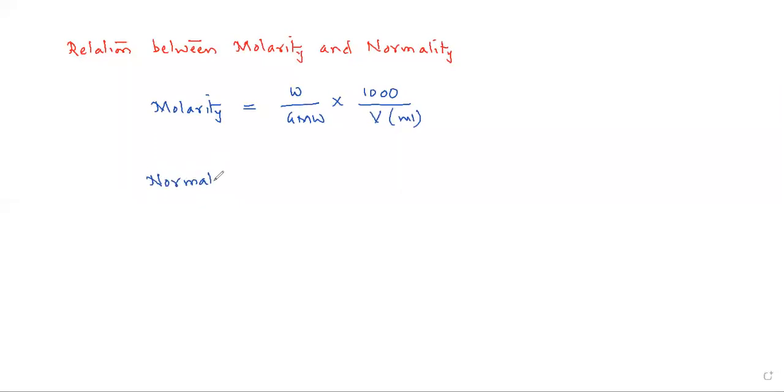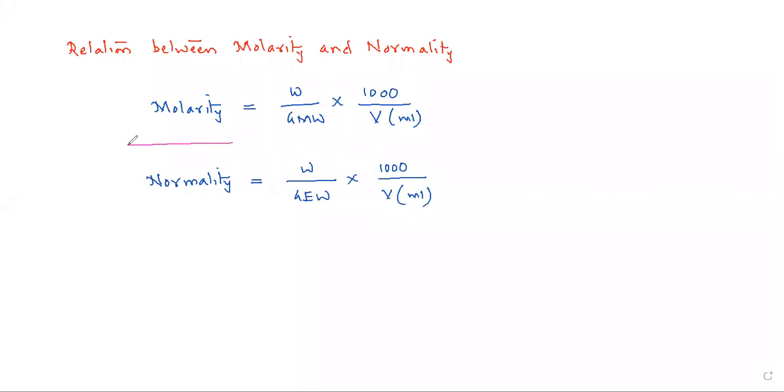Coming to normality, it can be given as weight by gram equivalent weight of the solute into 1000 by volume of the solution in ml, right?